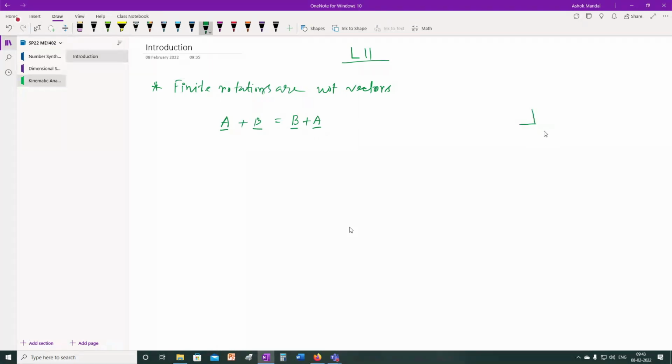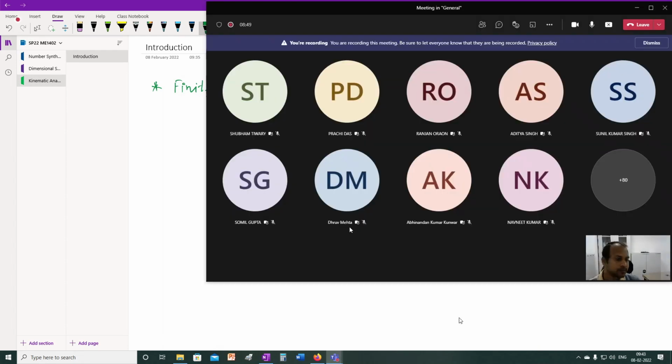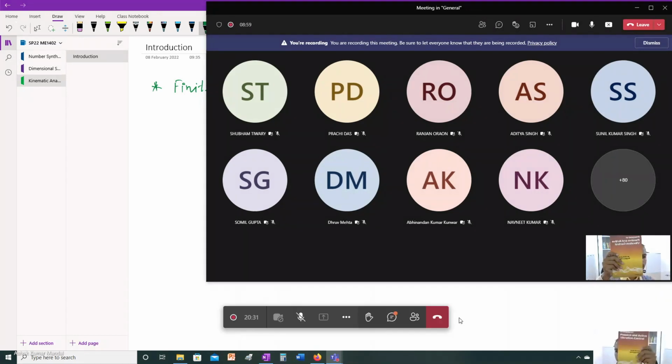The two axes I take, and give rotation about these two axes. I'm showing you with the help of this book. We will give two rotations.